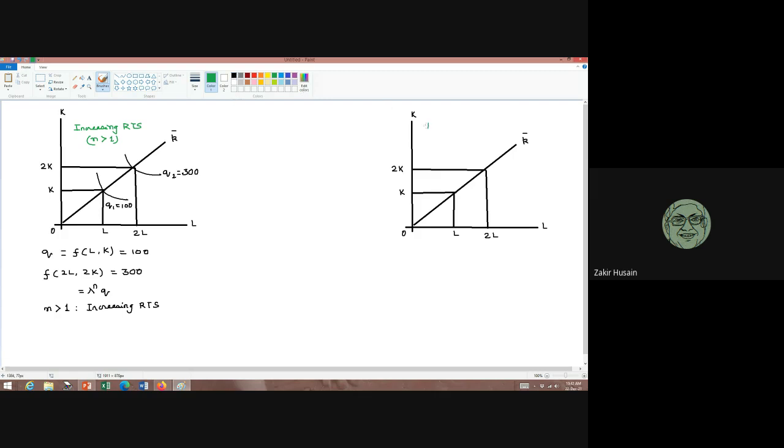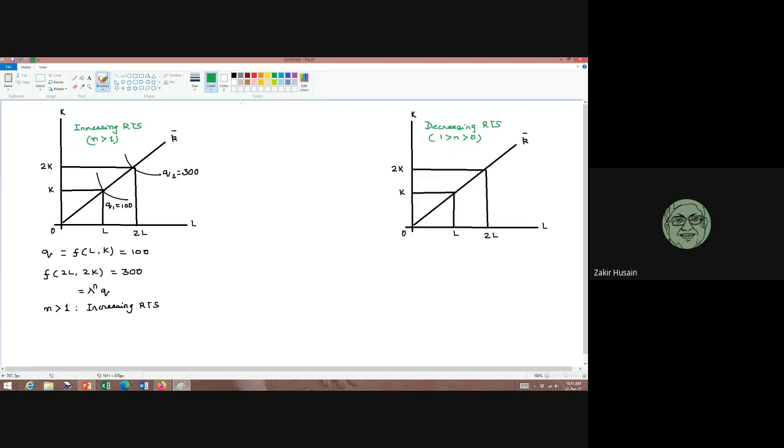And finally, we consider the case of decreasing returns to scale. So what will be the value of n? Less than 1, but it will be greater than 0.